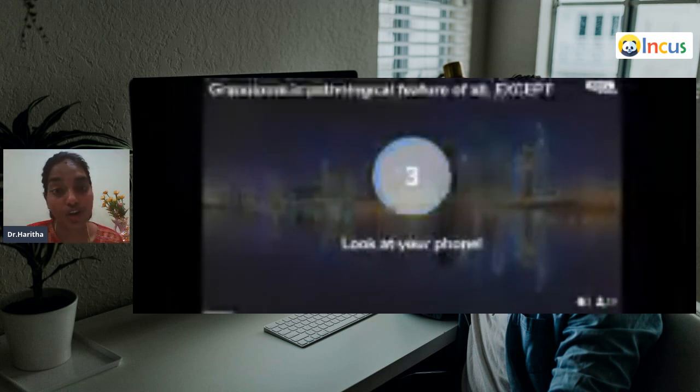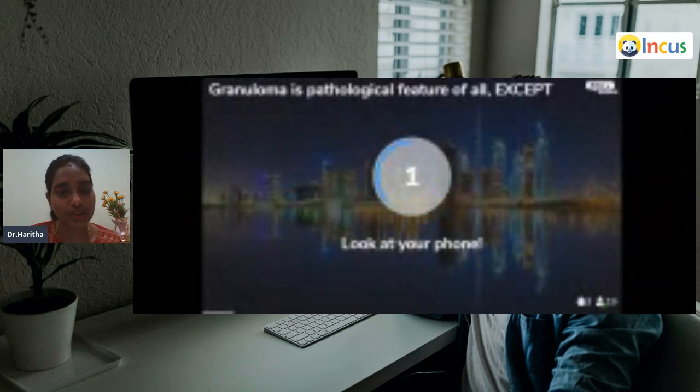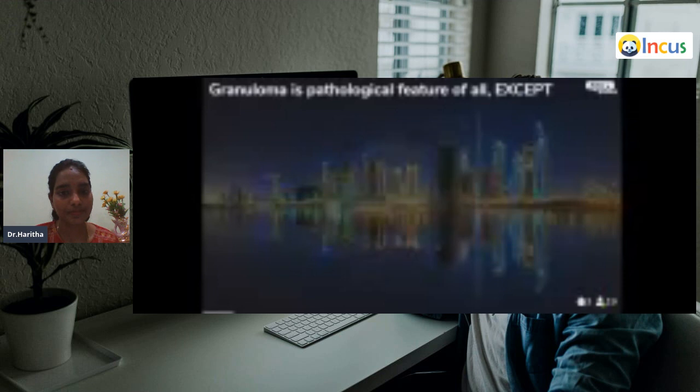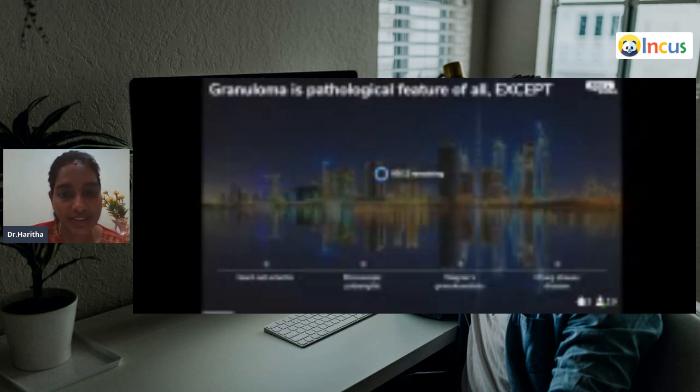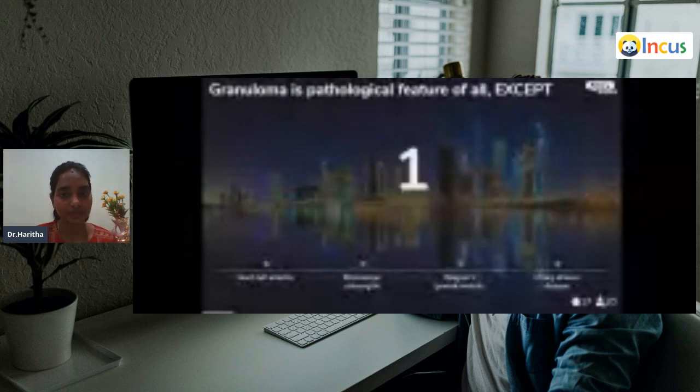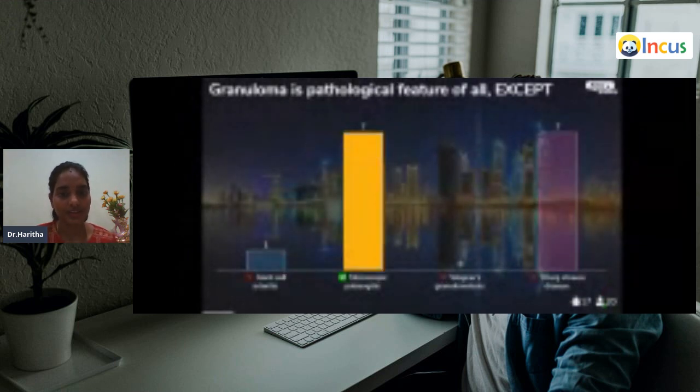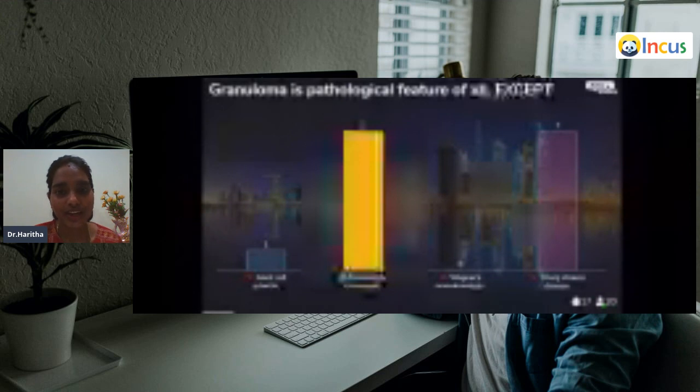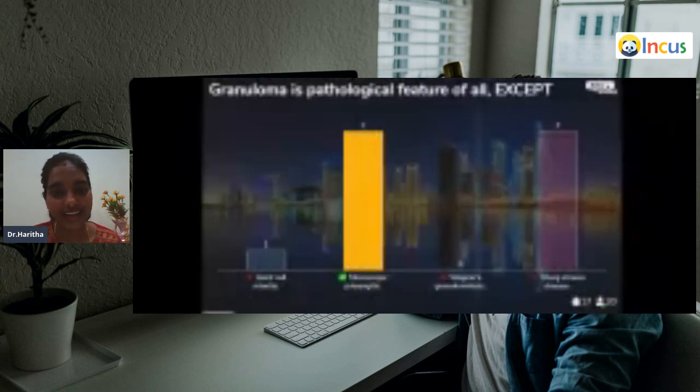Granuloma is a pathological feature of all, except: giant cell arteritis, microscopic polyangiitis, Wegener's granulomatosis, and Churg-Strauss disease. I hope you all know what a granuloma is. Seven answered correctly and eight were wrong.